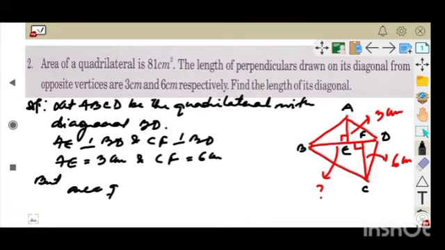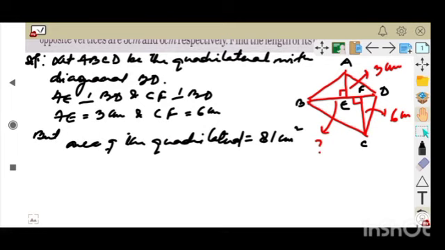Area of the quadrilateral, given by the question, is 81 centimeter square. Now we'll apply the formula here. Implies 1 by 2 into diagonal BD into the sum of the perpendiculars drawn from the opposite vertices A and C on the diagonal BD, they are AE and CF.